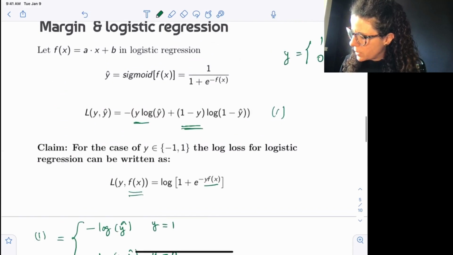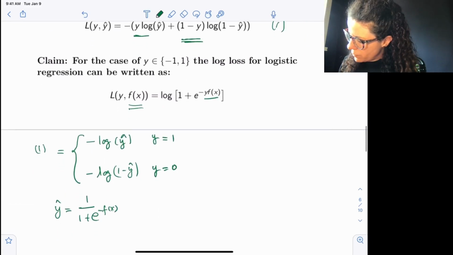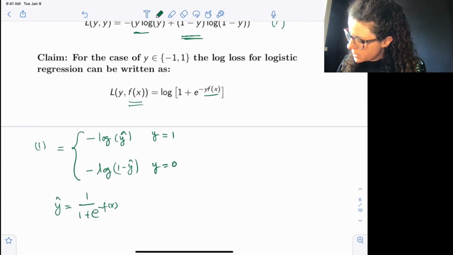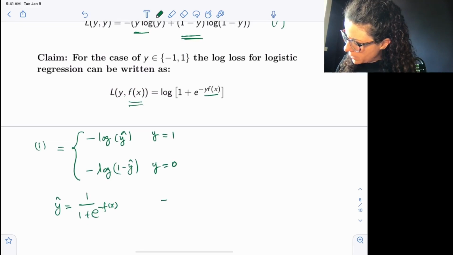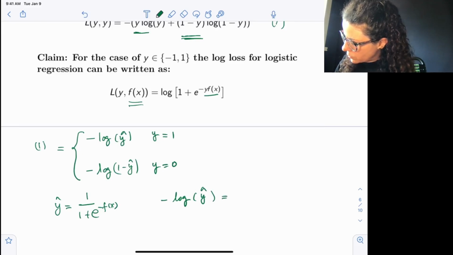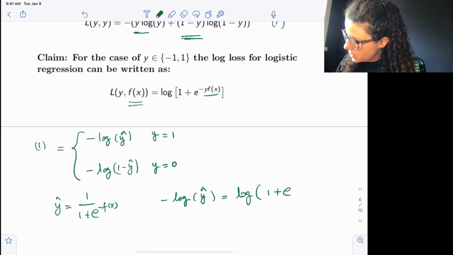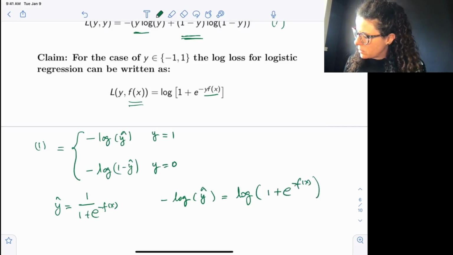This is just our definition here. So basically minus the log of y hat is equal to the log of 1 plus e to the minus f of x.